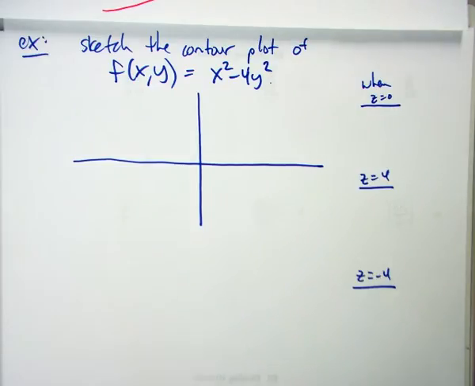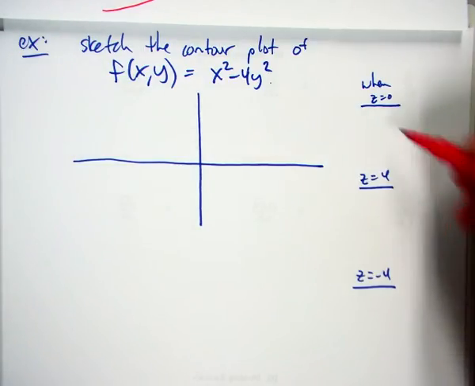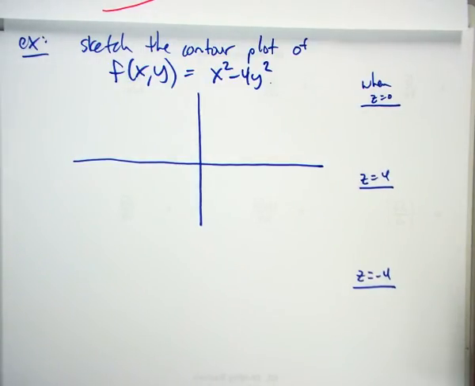Okay. So, for a good contour plot here, I just kind of picked 0 to start.